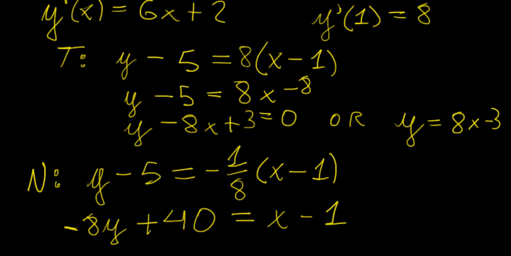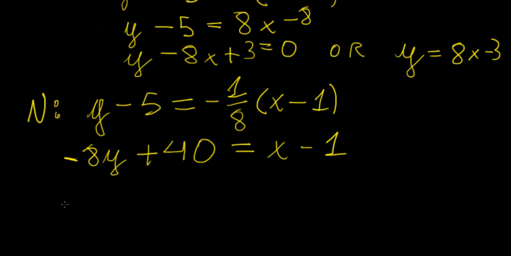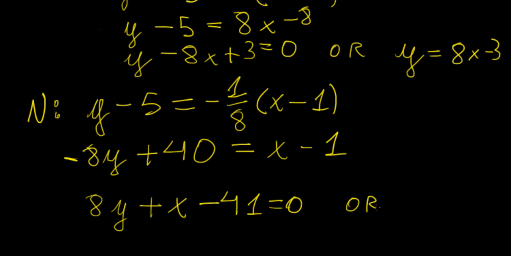And we can rewrite this as 8y plus x minus 41 equals 0, or y equals minus x over 8 plus 41 over 8.